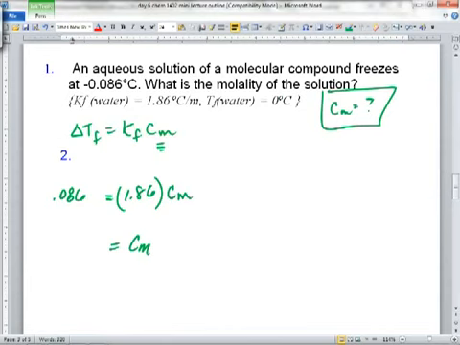All right? So we just need to do what, Grace, to get our answer? Yeah, divide them out. 0.086 divided by 1.86. I got about 0.046. So I should probably put what units on that?